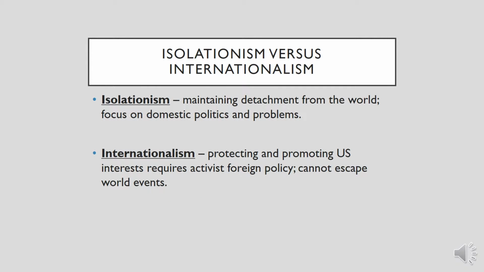If we look at U.S. foreign policy history, we can see two major influences or themes. One is isolationism and the other is internationalism. And these form a tug of war at some points for priority in our foreign policy. Isolationism is maintaining a detachment from the rest of the world, focusing on our domestic issues, our economy, our problems.